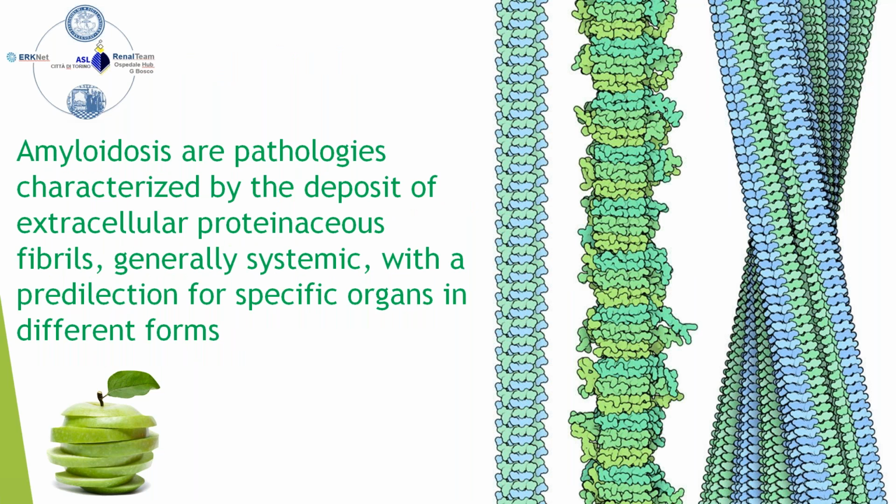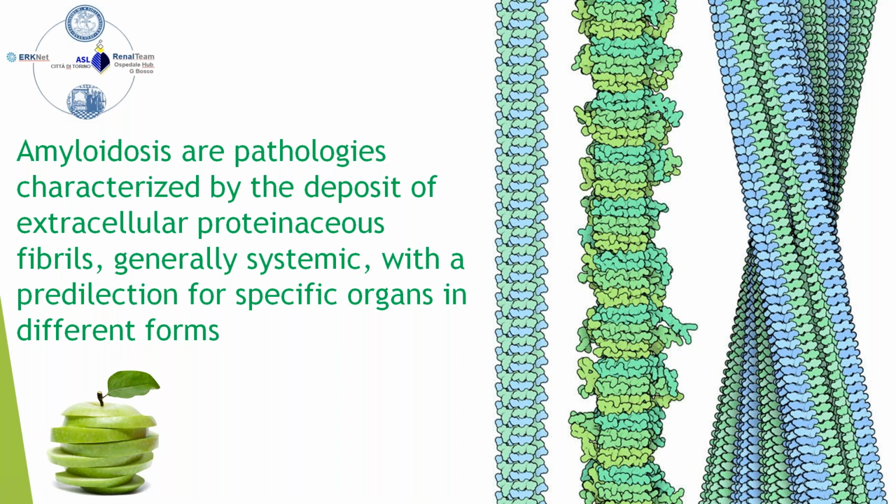Amyloidosis are pathologies characterized by the deposition of fibrils made of peptides or proteins that typically accumulate in the extracellular environment. Generally, amyloidosis is a systemic disease, but different types of proteins hit specific organs.